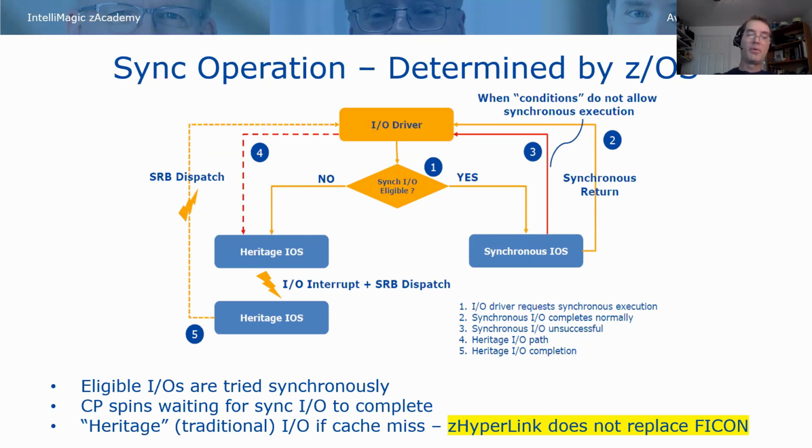So an interesting point about zHyperlink is, well, does it know that the data is in cache? No, it doesn't. It has no way of knowing whether data is going to be found in disk subsystem cache or not. But it's still worth trying, because if it gets to the disk subsystem and the data is not in cache, it says, okay, goes back and drives the IO traditionally.